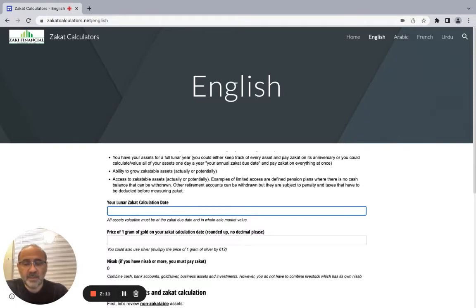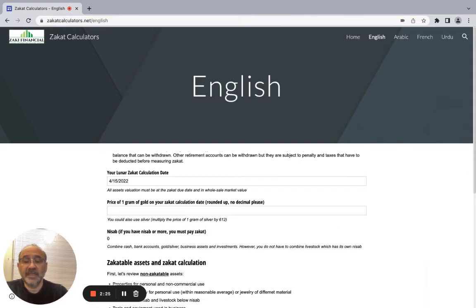But let's say Ramadan, we're in today, Ramadan 14th, I believe. Or if you want to use Gregorian, it's 4/15, 2022. All right. But every year, the same day, calculate all of your assets, calculate your zakat, and then you owe Allah subhanahu wa ta'ala that for that year. You can pay it right away, pay it through Ramadan, depending on your ability and circumstances.